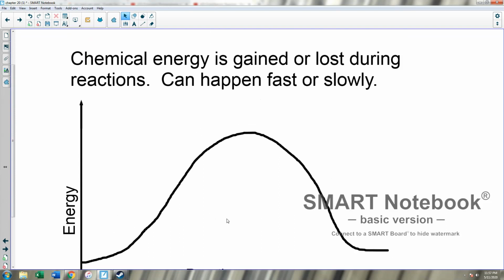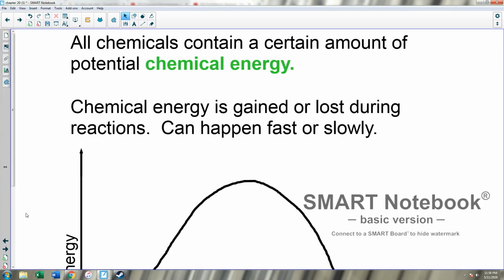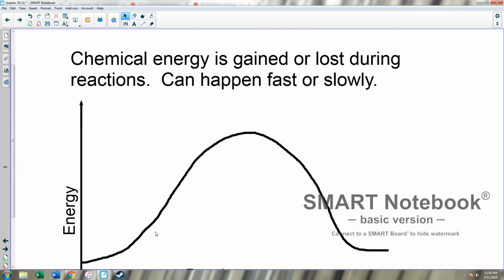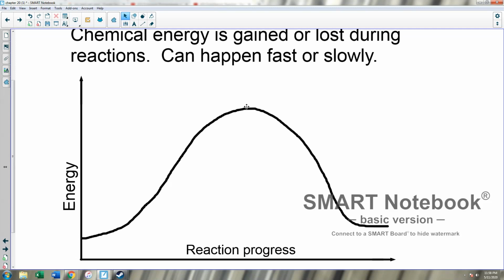Okay? There's two different ways that this can happen. In one case, you can be given off only a little bit of energy. Imagine if you had a reaction that only gave off a little bit of energy after you put a lot of energy into it.